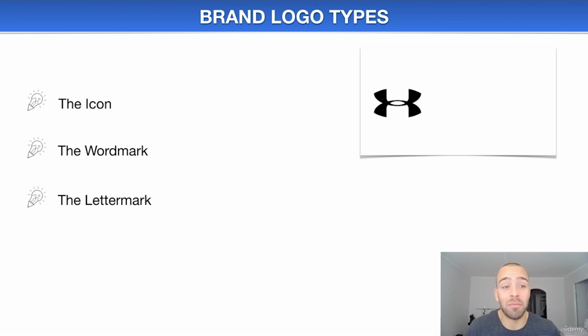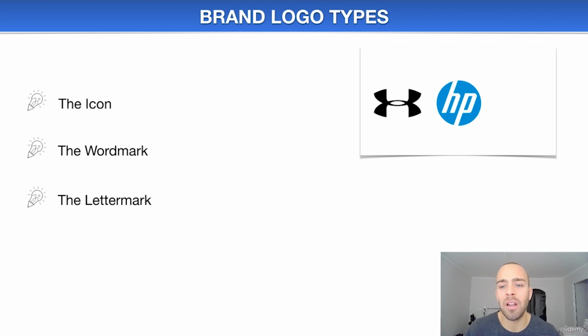Or maybe it's simply too long of a word and you don't want to make a word mark for it, and you don't know how to make an icon for it. Then you can make a shortening, like for example Under Armour has done here. You can see that it's a U for Under, and then an A for Armour.